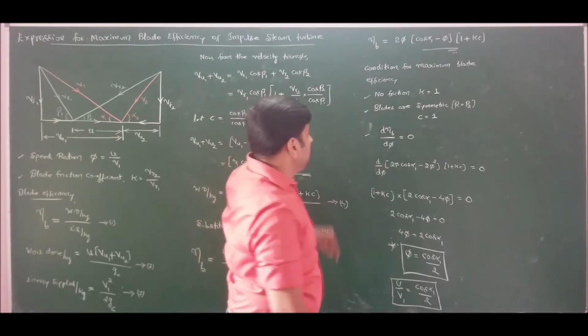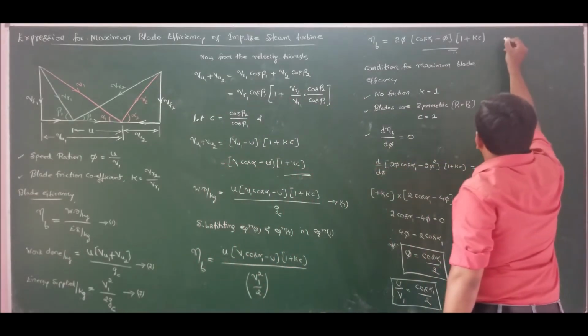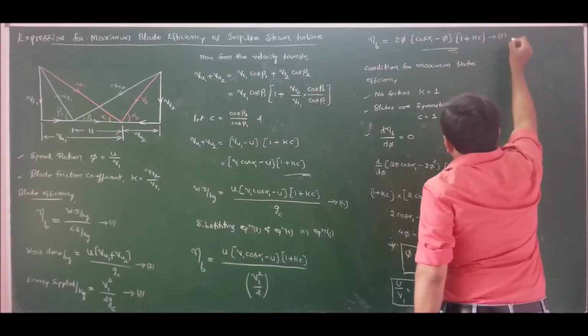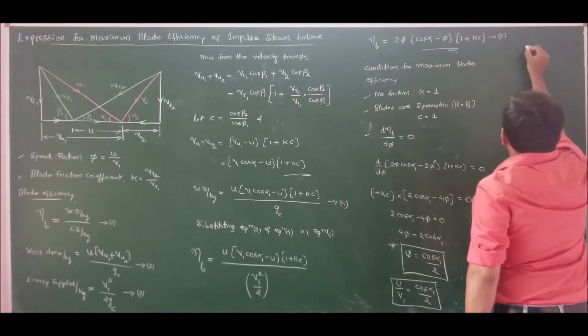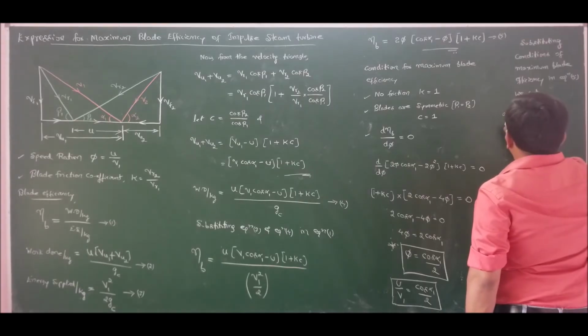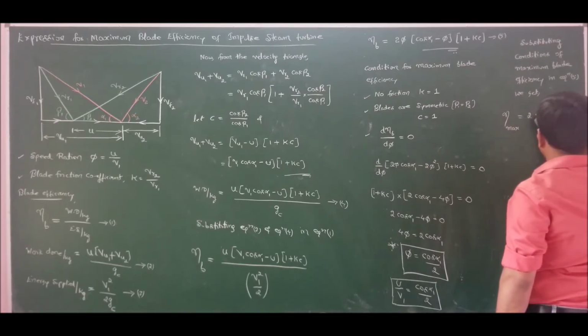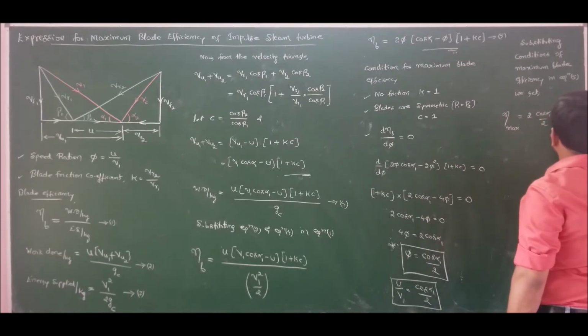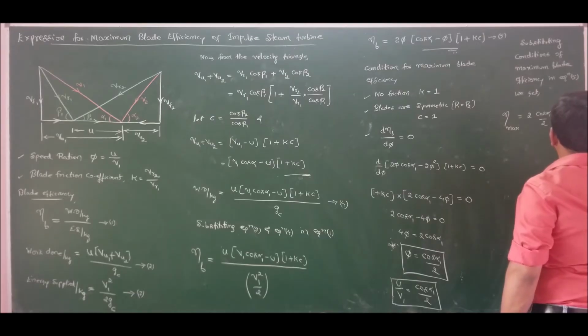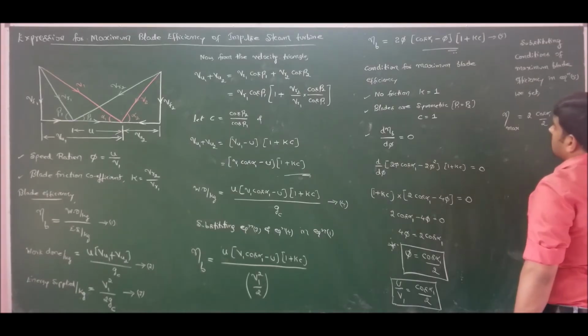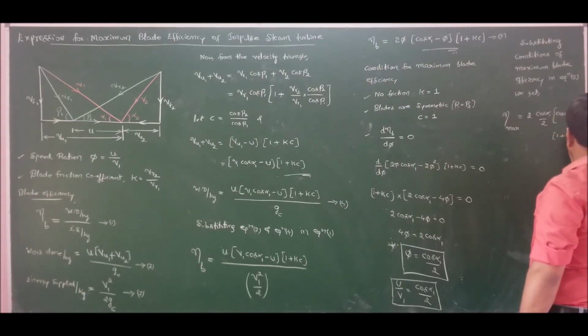Substitute them in the equation of blade efficiency, that is in the equation of phi, the conditions of maximum blade efficiency, eta max. So 2 times phi, which is cos alpha 1 by 2, into cos alpha 1 minus cos alpha 1 by 2, into 1 plus K is 1, C is 1, so 1 into 1 is 1.